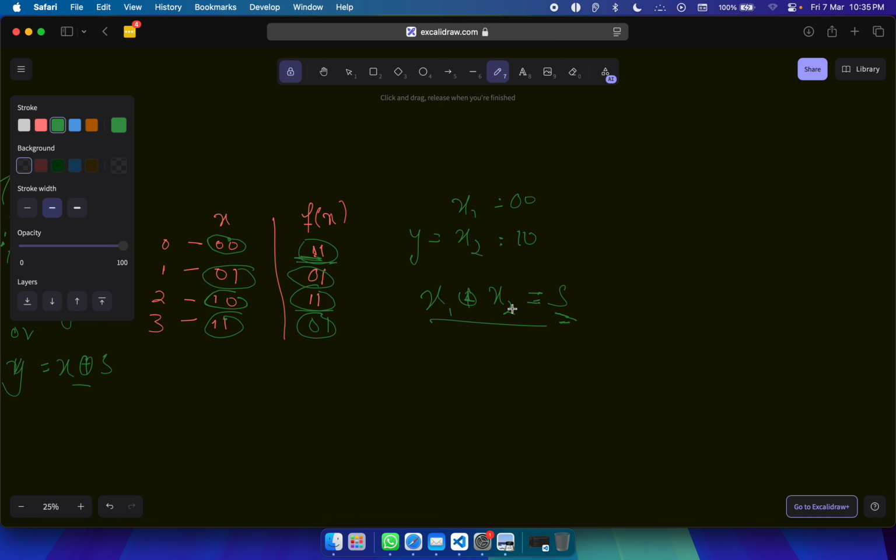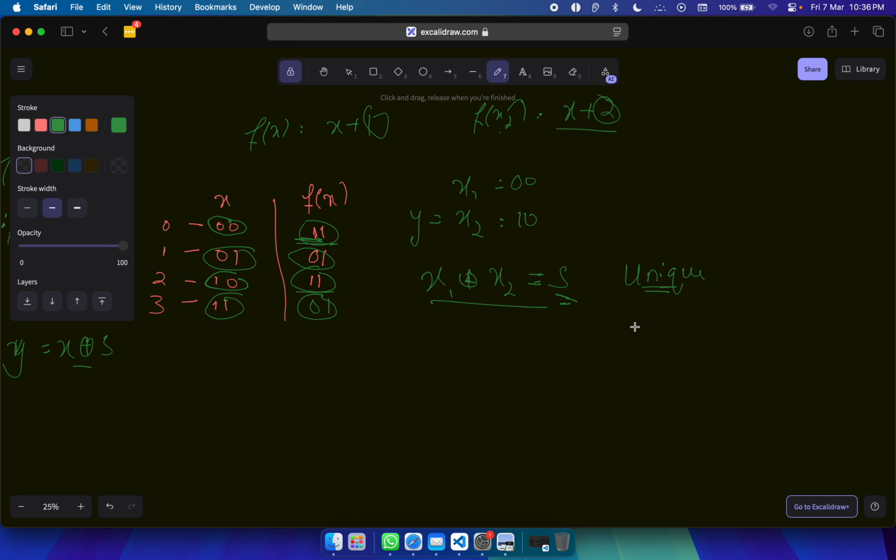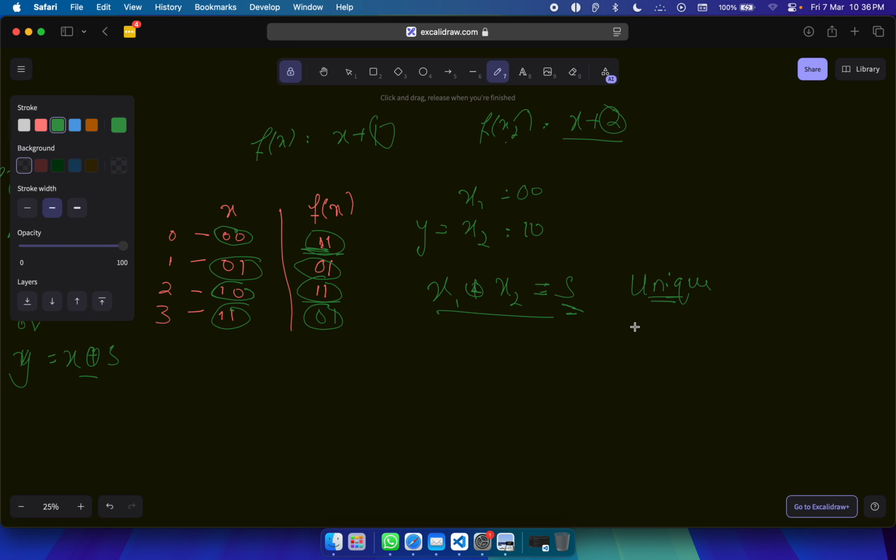So I cannot say that when my f of x is x plus 1, for x2 this becomes x plus 2. These two are not the same, so these functions will not behave the same. So we are saying that for the Simon function to work, this secret string s has to be unique, distinct and non-repeating. So this is one property of it.